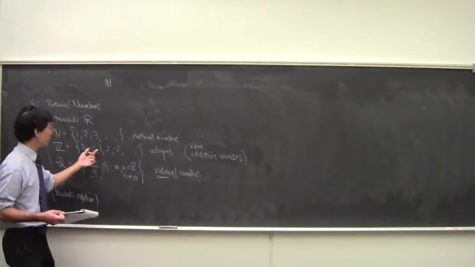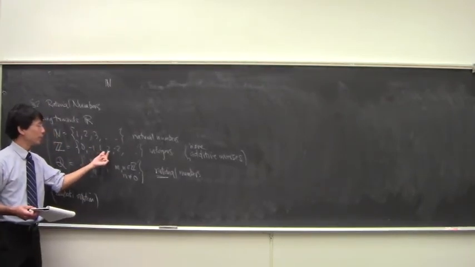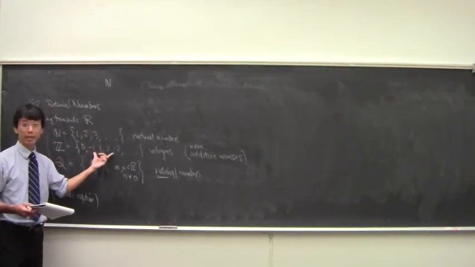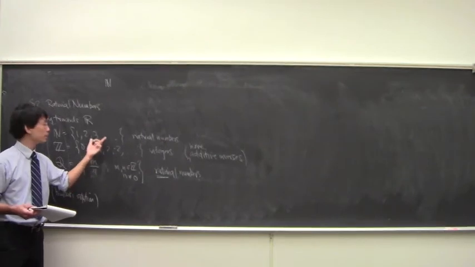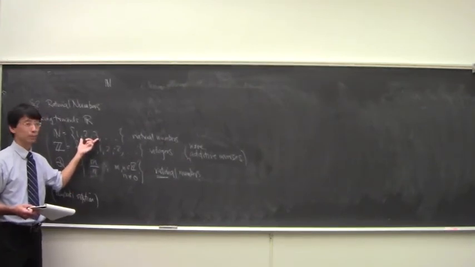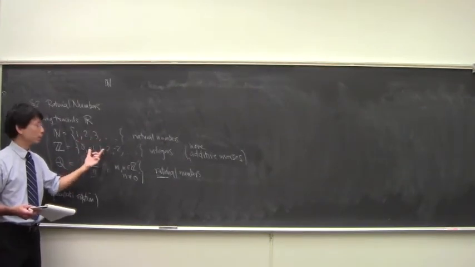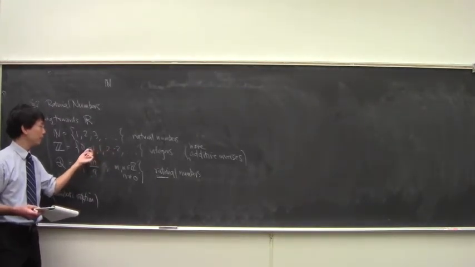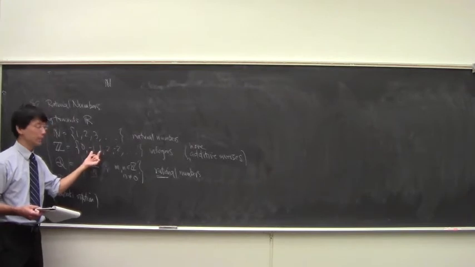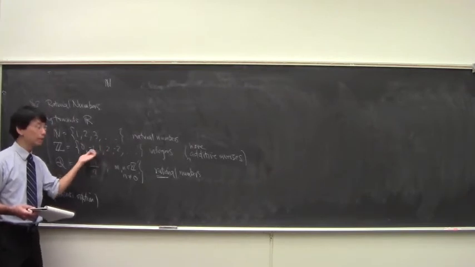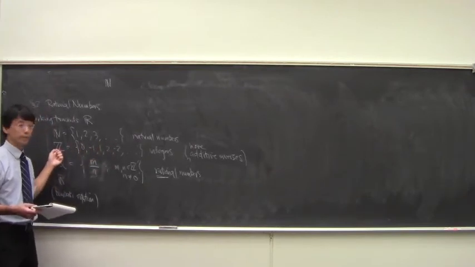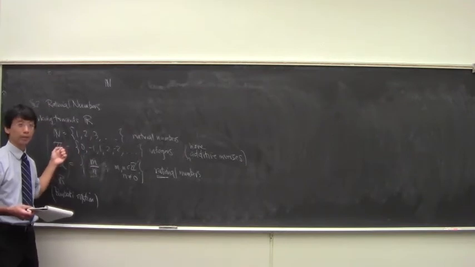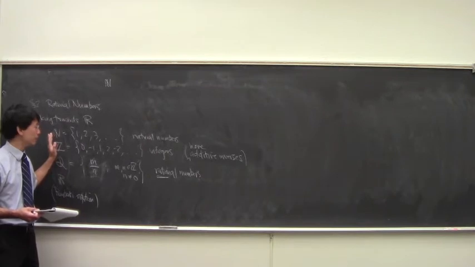You can multiply in the integers fine, just like you can add in the natural numbers fine. You can multiply these and stay in your system. If I have -1 times 1, I get -1. I don't leave Z. Z is closed under multiplication.